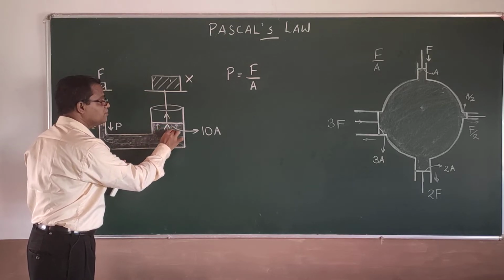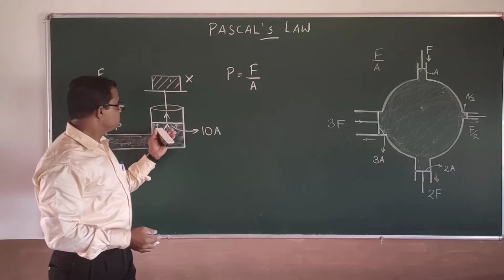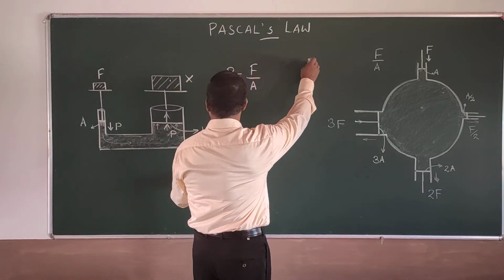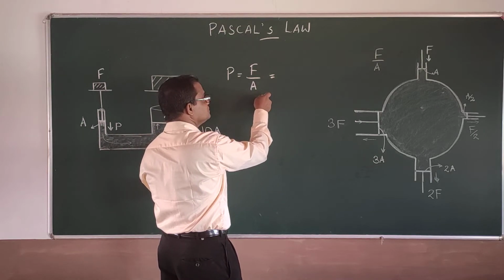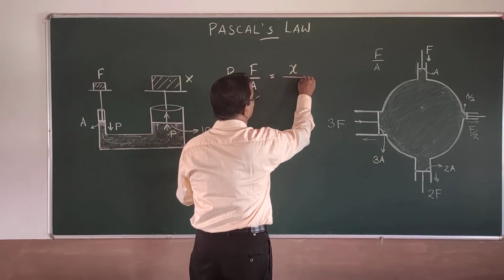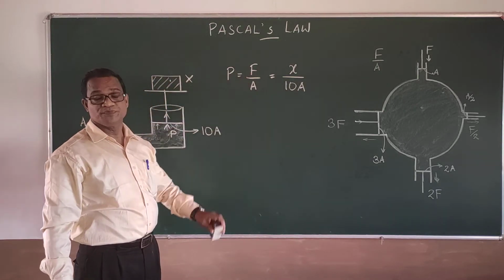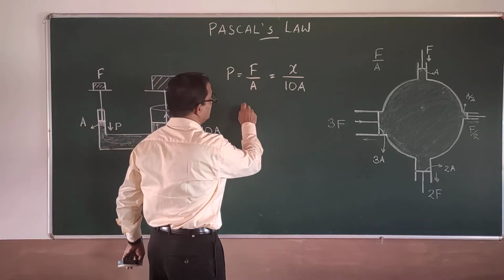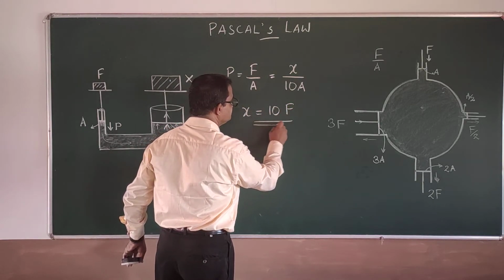So at this point there is a pressure P upwards, and this will be equal to X divided by 10 times A. These two pressures must be equal, so you can find that X is equal to 10 times F.